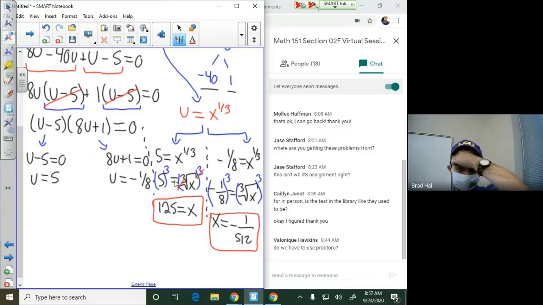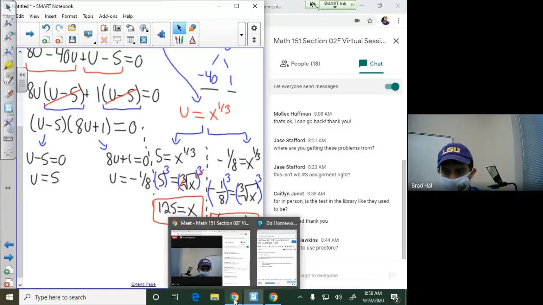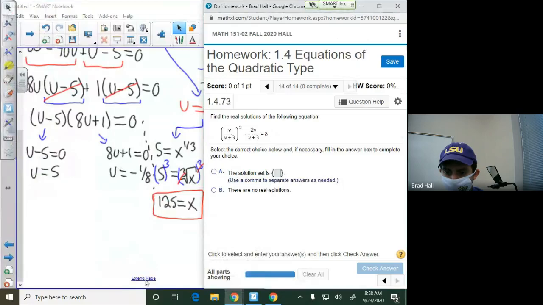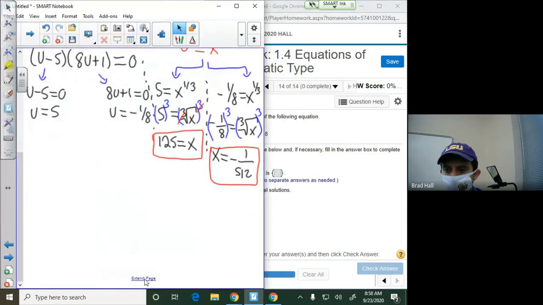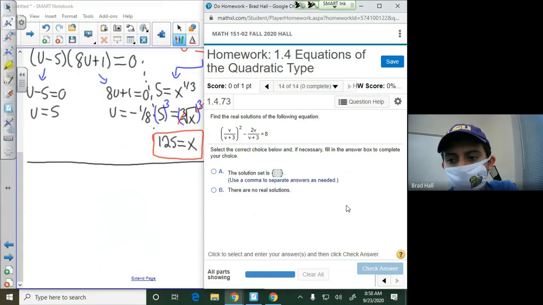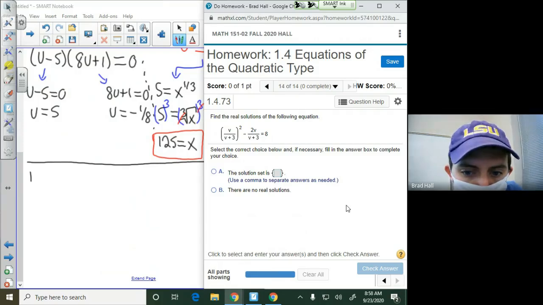Because if not, there's another problem that looked a little tricky. It's the last problem on the homework. This one's number 14.